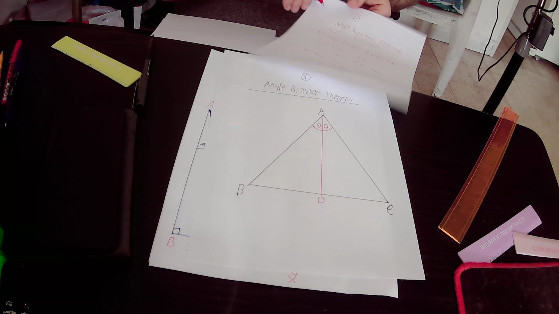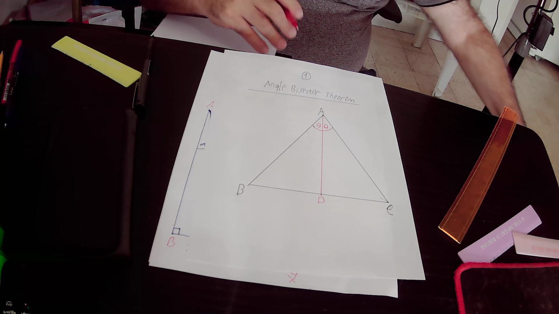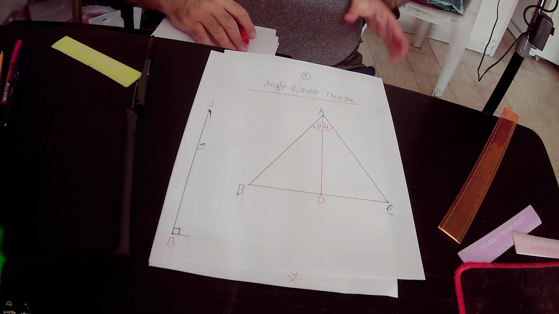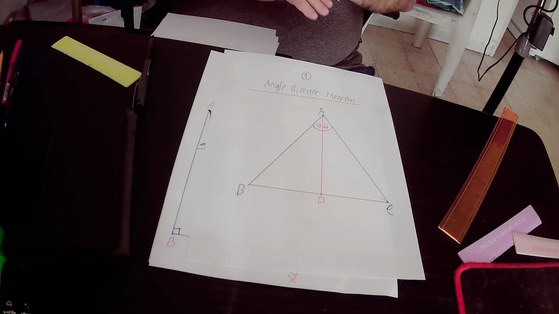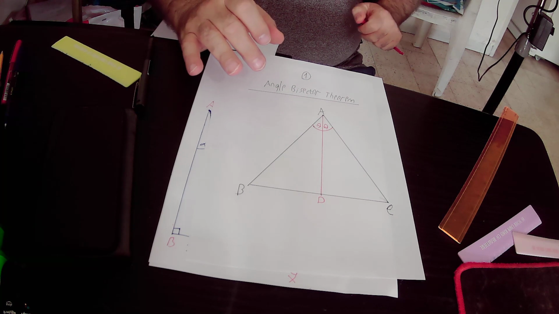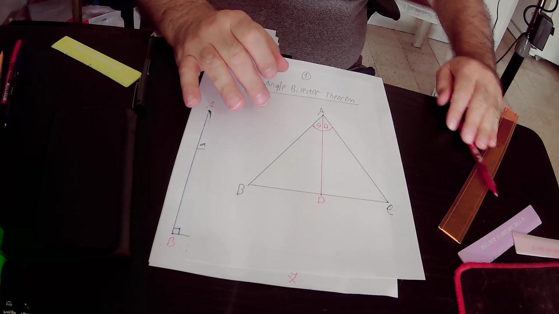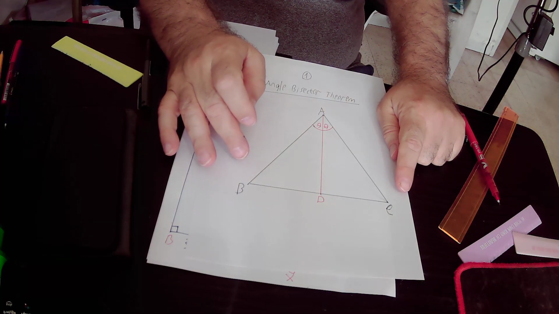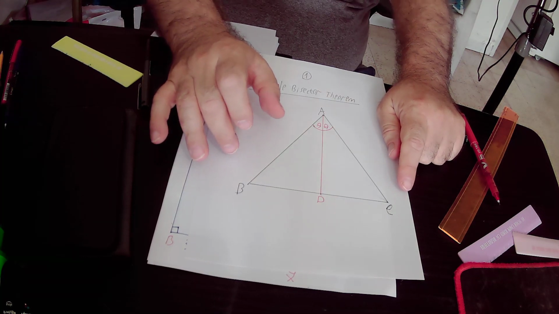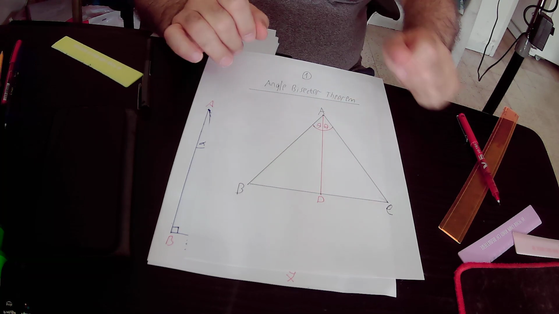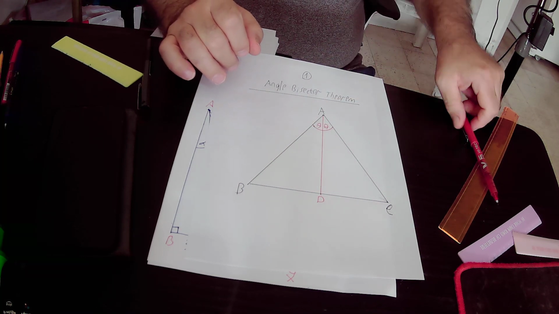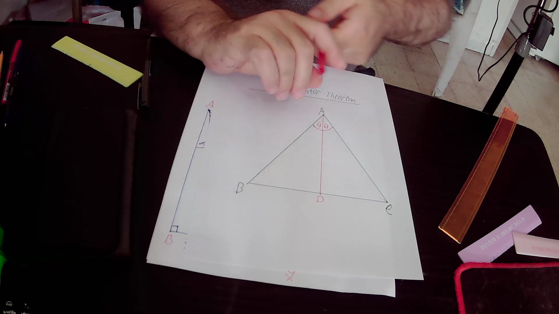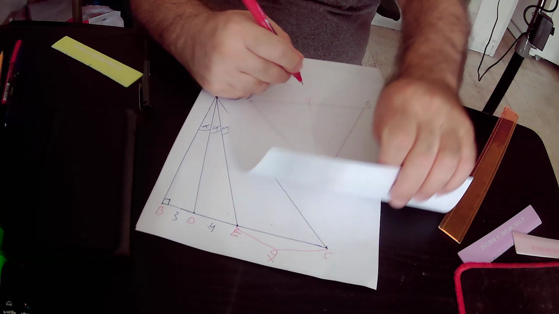So actually, what is the meaning of angle bisector theorem? Angle bisector theorem states that the angle bisector AD hits side BC and divides it in a ratio of BD over DC.